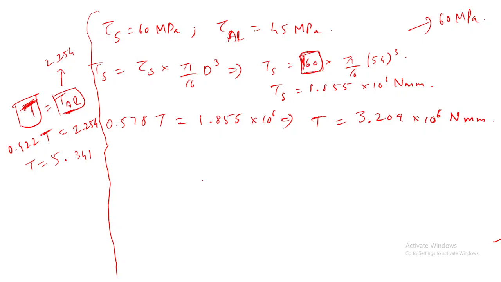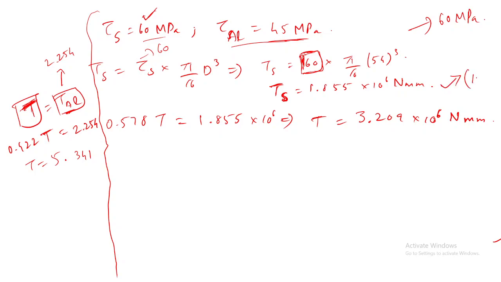For example, first I have taken the allowable stress of steel. These two different allowable stresses are given for different materials. First I have taken the steel section with the allowable stress as 60 megapascal, and found the torque to be sustained by the steel, which is 1.855 into 10 to the power of 6 Newton mm.